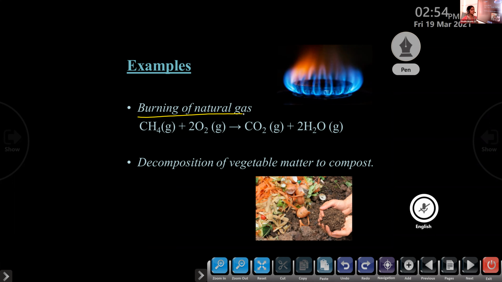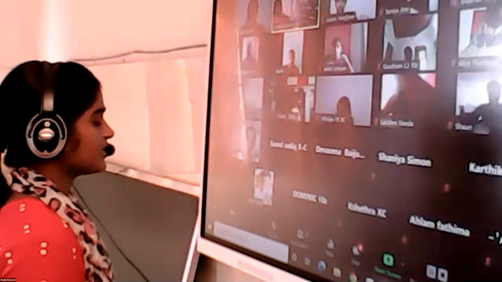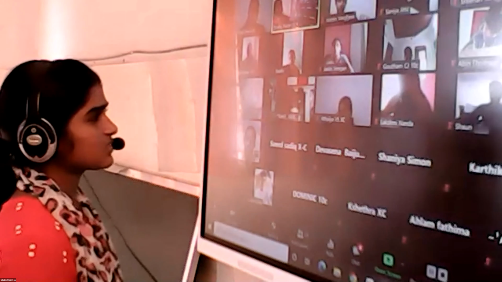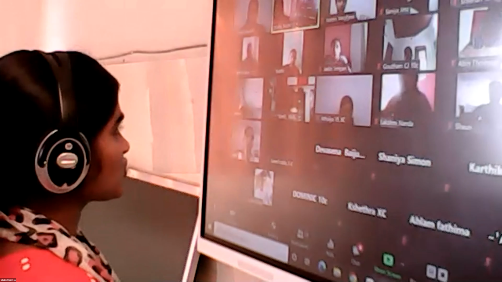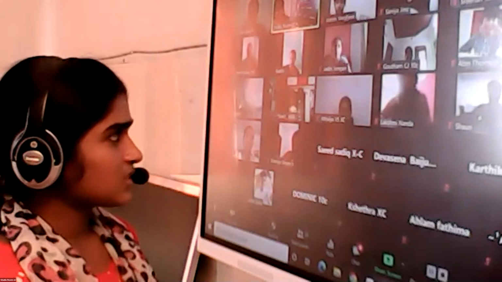What's the main content in natural gas? Any idea? Main content in natural gas. CO2. Which substance is present in the natural gas?